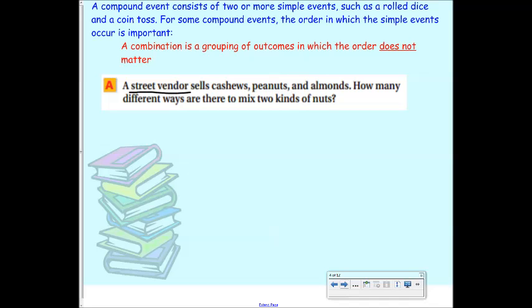So I want you guys to give me, let's just list, what are the combinations of the different nuts that you can make using these three? Cashews and peanuts. Cashews and almonds. Okay. Yeah? Almonds and peanuts.